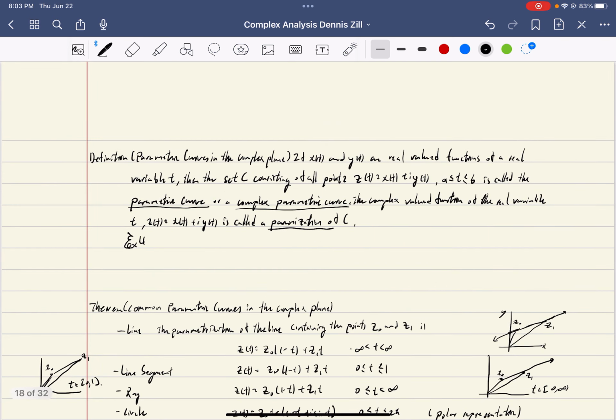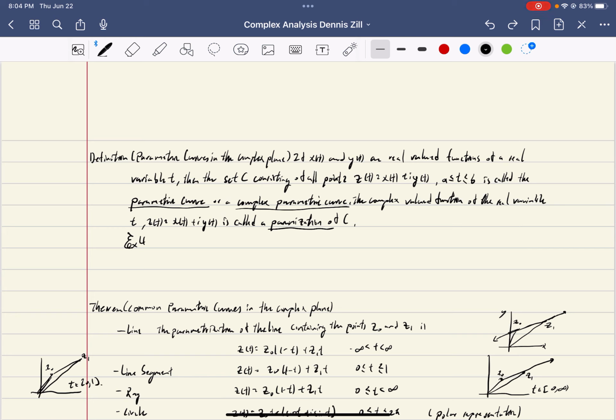And now, definition. Parametric curves in the complex plane. If x of t and y of t are real valued functions of a real variable t, then the set C consisting of all points z of t equal to x of t plus i y of t from a to b is called the parametric curve, or the complex parametric curve.